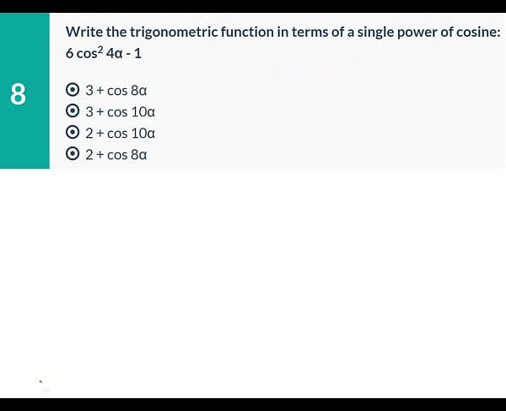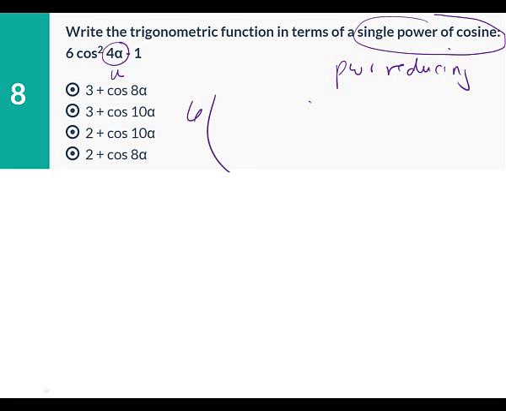This one here, it says we're supposed to use a single power of cosine. So what does that mean I'm going to use? What identities? Power reducing. Good job. Okay. So I'm gonna go and look at the u though. We've got a weird u in there. It's not just an alpha, right? It's a 4 alpha. So I'm gonna pull that 6 out front.